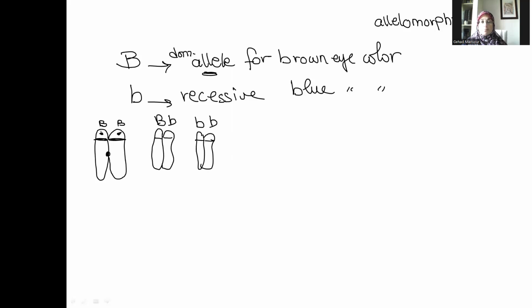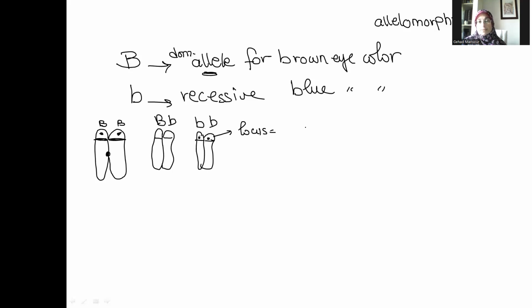For example, myself, I might be capital B capital B. My elder son might be capital B small b. And if my younger son is blue-eyed, then he would be small b small b. Actually, there are more than two loci for eye color, but in order to simplify things, we are considering that we have two places, or loci on the chromosomes, that can be occupied.